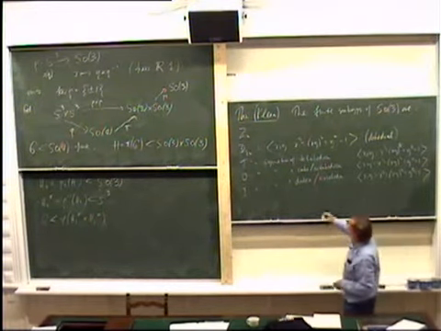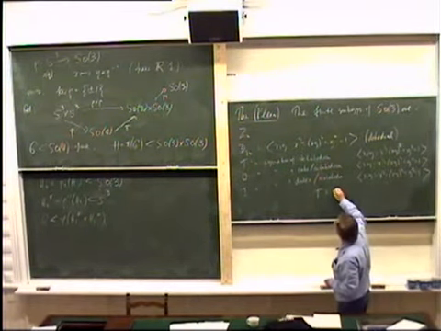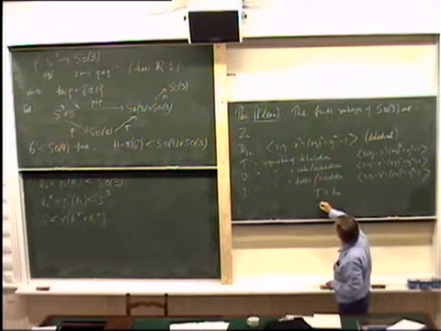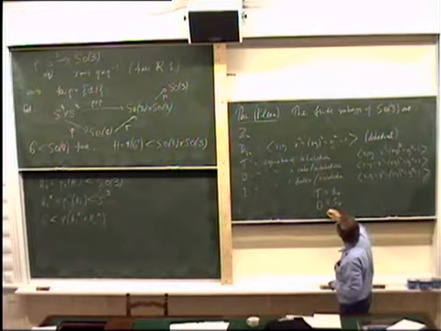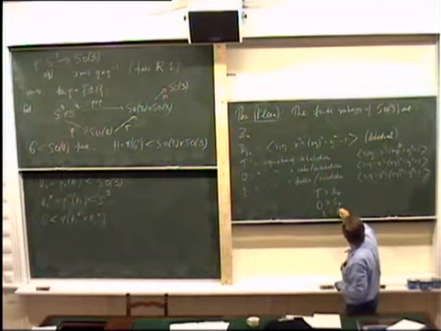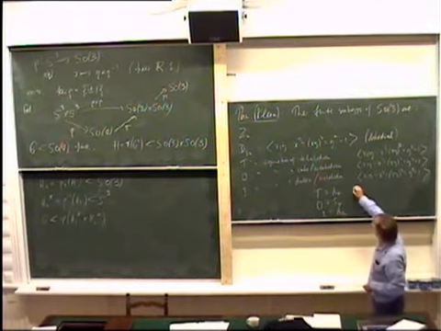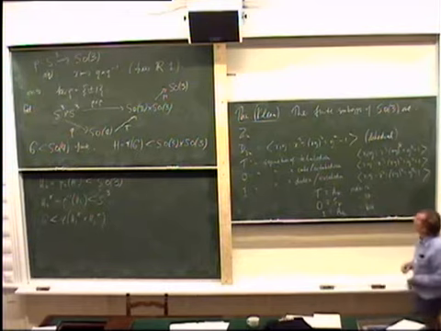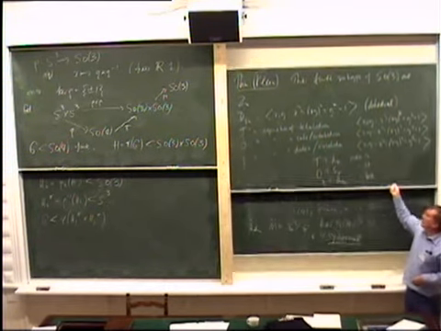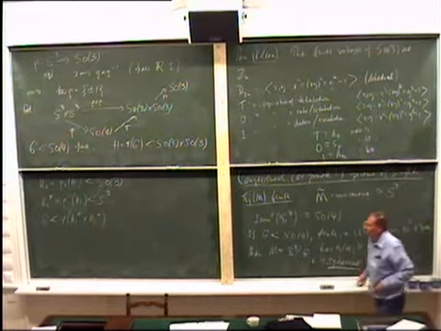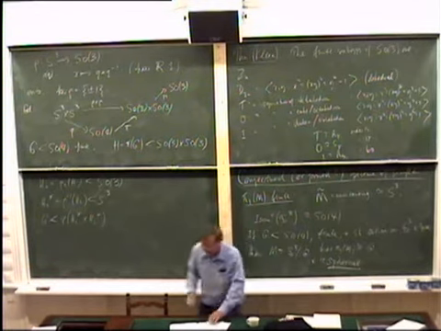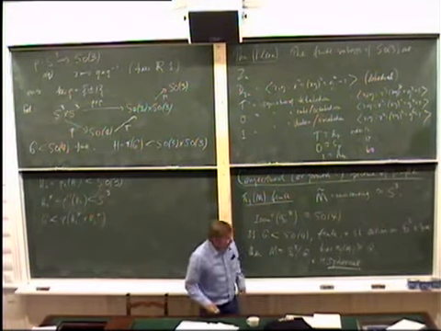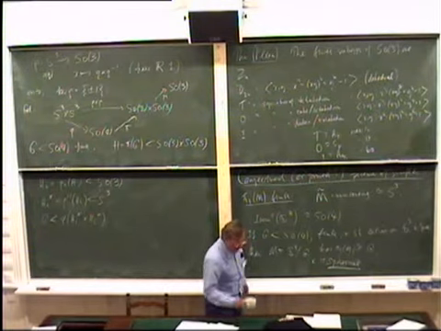T is actually just the alternating group A4, O is S4, and I is A5. So these have order 12, 24, and 60. Anyway, this is the well-known classification of the finite subgroups of SO3.